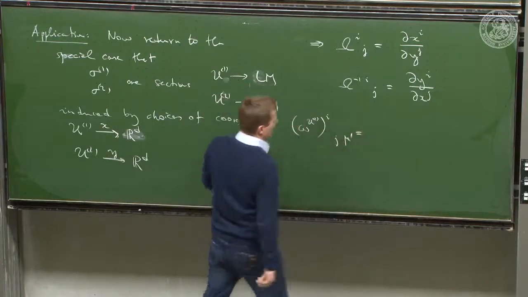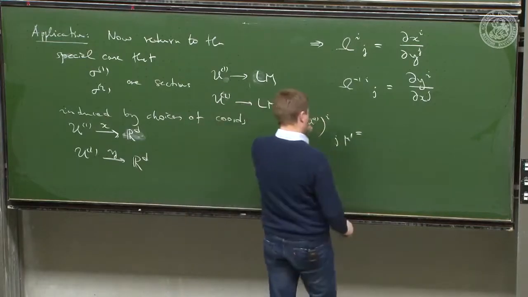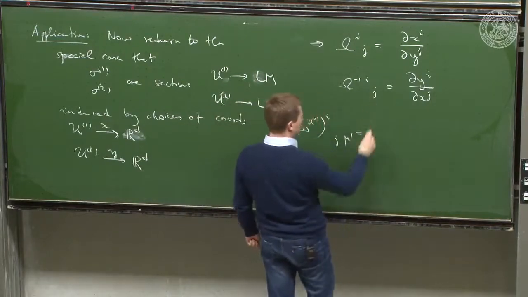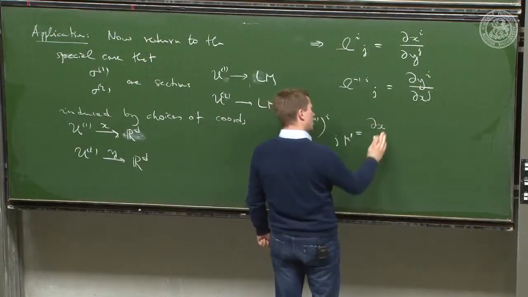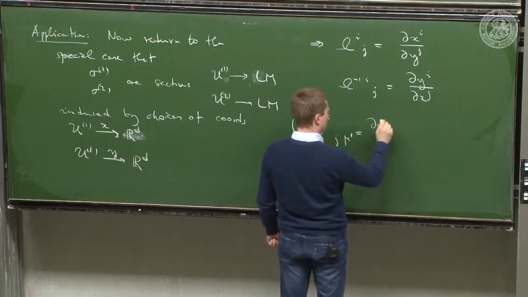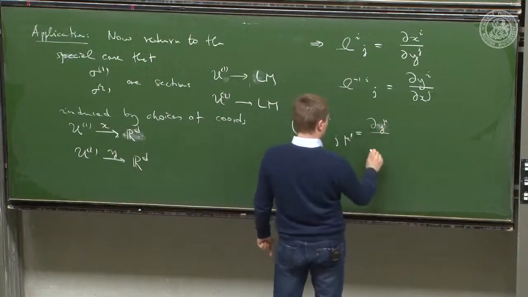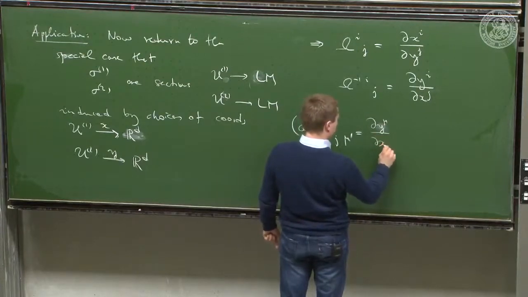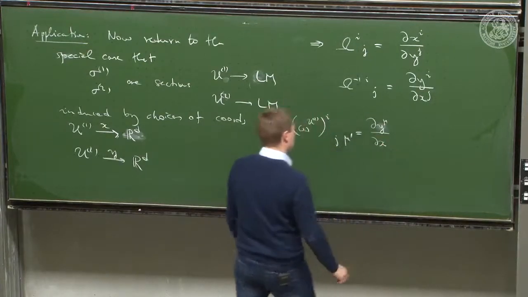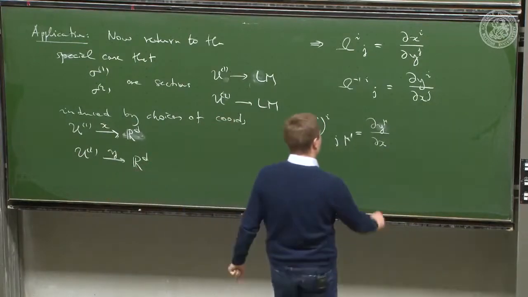And if you do that, you need yet another Jacobian here. So you need, well in this case, dy^mu by dx^mu prime.